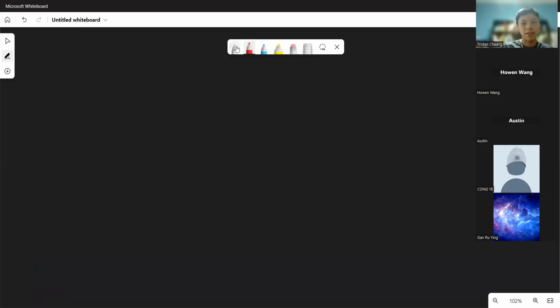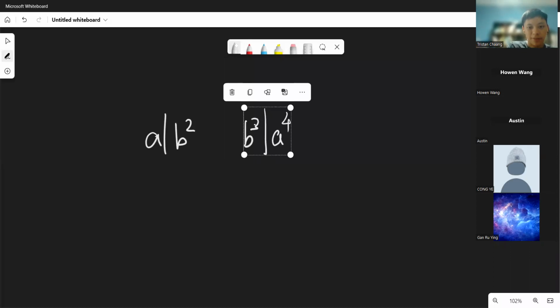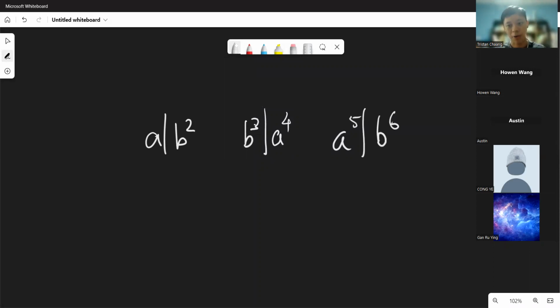So a and b are positive integers where a divides b squared, b cubed divides a to the 4, a to the 5 divides b to the 6. I think you can probably see the pattern. The powers are 1, 2, 3, 4, 5, 6, and so on, and then it's a, b, b, a, b, b, a.